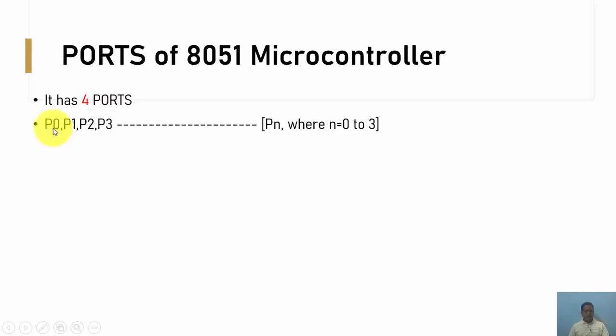These 4 ports are named P0, P1, P2 and P3, and generally denoted as Pn, where n represents 0 to 3. If you are using port P0, the value of n is 0. For port P1 the value of n is 1, for port P2 the value of n is 2, and for port P3 the value of n is 3. In this way this generalized notation is used.